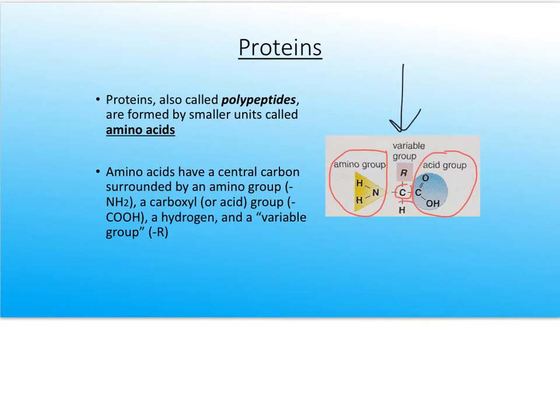On the third side, they will always have a single hydrogen, and then the fourth side is known as the variable group. And if you're looking at different amino acids, the reason they're different is because of the variable group. So every amino acid has an amino group, an acid group, and a hydrogen, and then each one will differ based on the variable group. And if you look at this, you can see where the name comes from now, right? Amino acid.